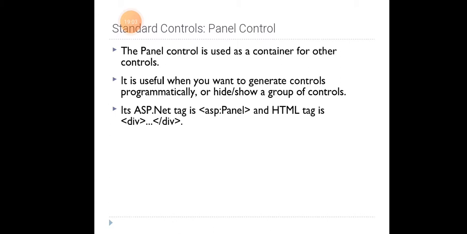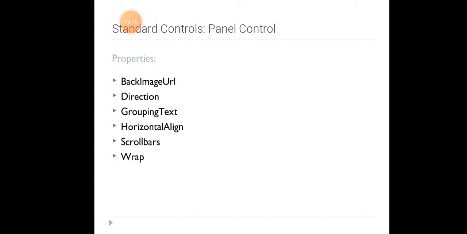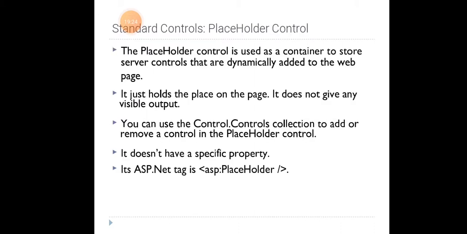It will split the web page either horizontally or vertically, just like our frame control in Visual Basic. The properties of panel control are BackImageUrl, Direction, GroupingText, HorizontalAlign, ScrollBars and Wrap.